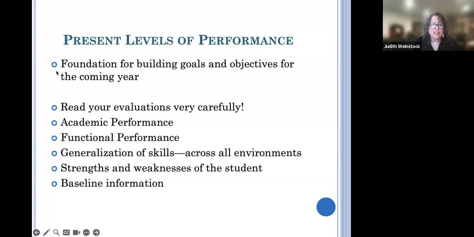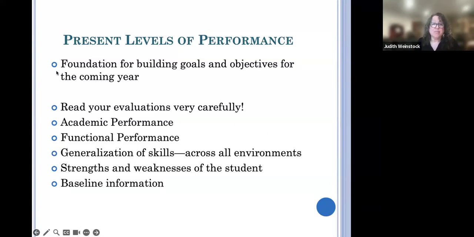It's complicated, but really try to decipher and understand what relative weaknesses and strengths your child might have, and put it all together. It helps parents, advocates and guardians to be better advocates for their children. That includes the academic performance of the child, the functional performance, and the generalization of skills, like social skills, across all environments.